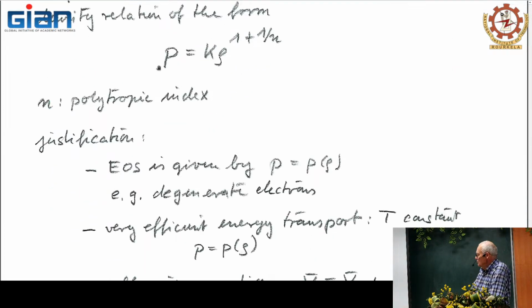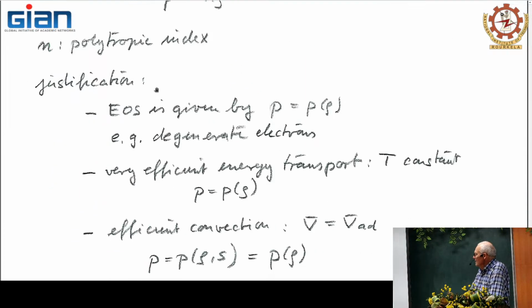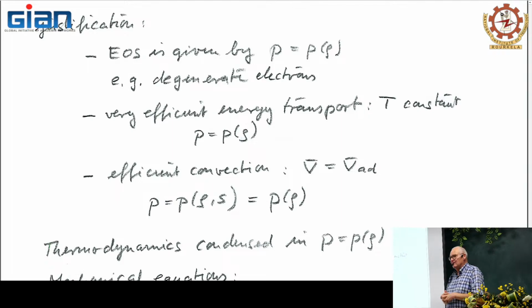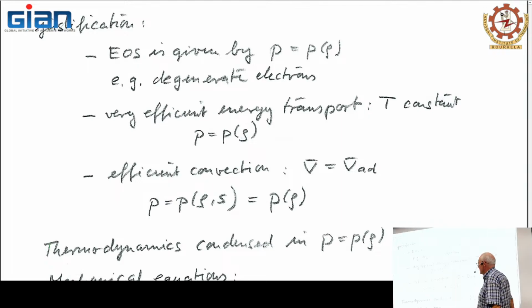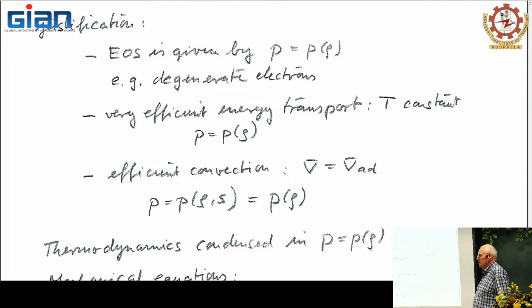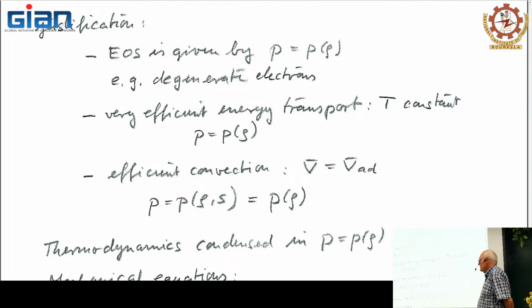Well, one justification of this relation would be that we have an equation of state which itself provides a relation between pressure and density. For instance, degenerate electrons will result in a relation between pressure and density. Another justification for a polytropic relation would be if the energy transport is very efficient.